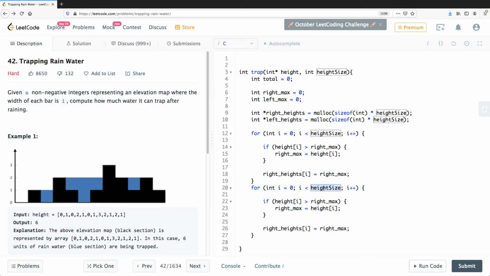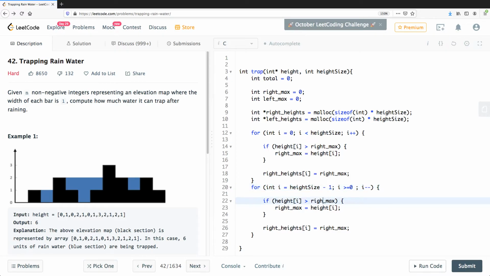So we have to start by having I assigned to height size minus 1, which is the last index, and then change the condition to as long as it is greater than or equal to 0, and here decrement it. Then we change to left max, and we say left heights I equal to left max, right? So there we have both the arrays built.